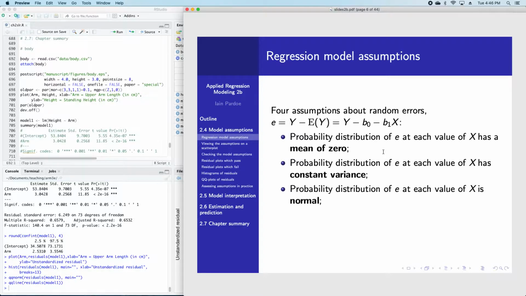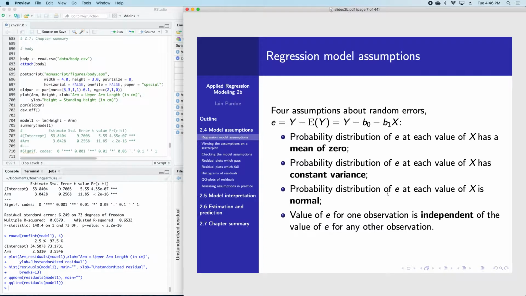The third one is that that probability distribution is normal. And then the fourth assumption is independence. So the value of a random error for one observation is independent of the value of a random error for any other observation.